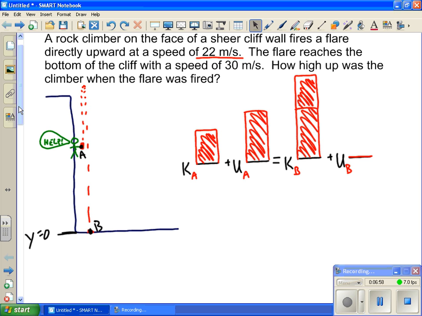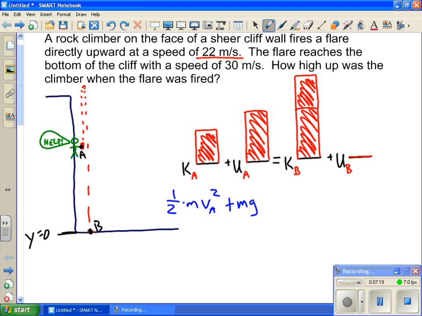Now, kinetic energy at location A, to answer that, I would take half times the mass times the velocity at A squared, plus potential energy at A would be mass of the flare times little g, which I never said that it was on Earth, but I think that's a pretty fair assumption.